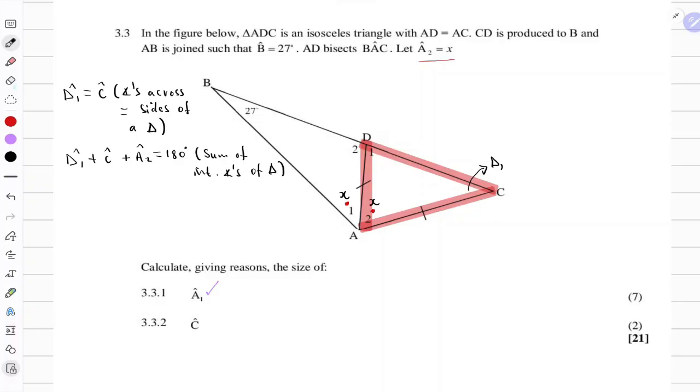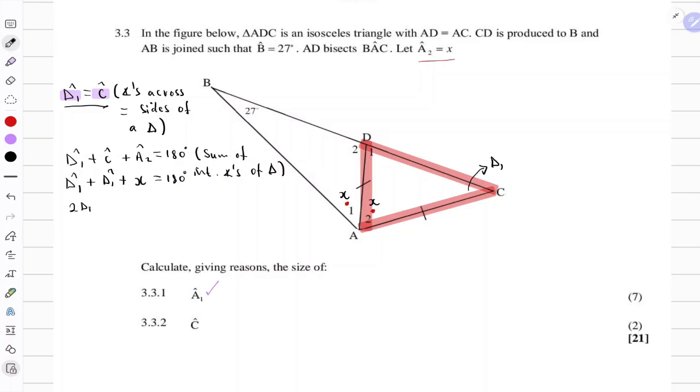But we saw earlier on that D1 and C are the same. So I'm going to write this equation as D1 plus D1, because angle D1 and angle C are equal, plus A2, which is X, is equal to 180 degrees.